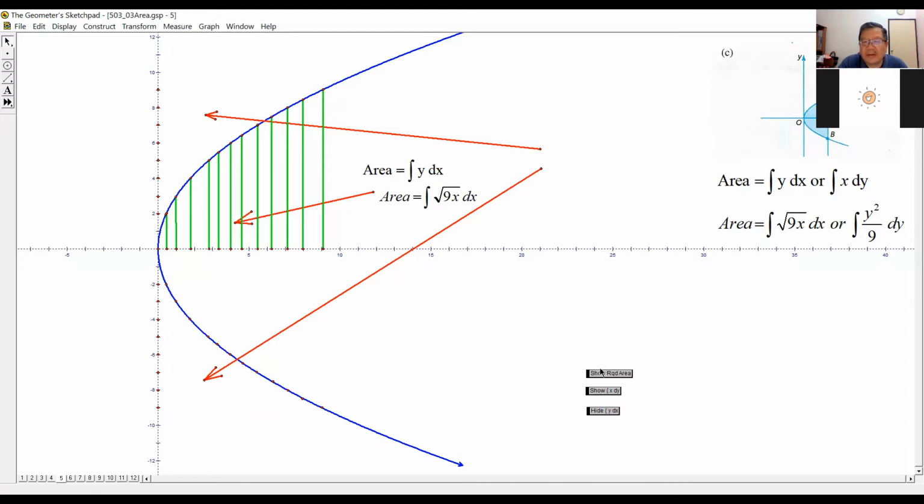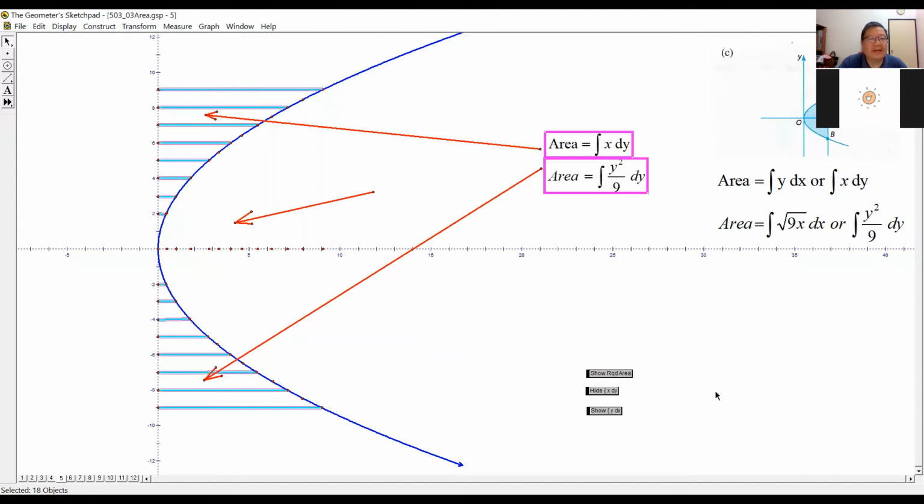Then x dy. x dy is the area between the graph and the y-axis. So we are very clear what we can get from integration and what is required by the question, the shaded area, right?